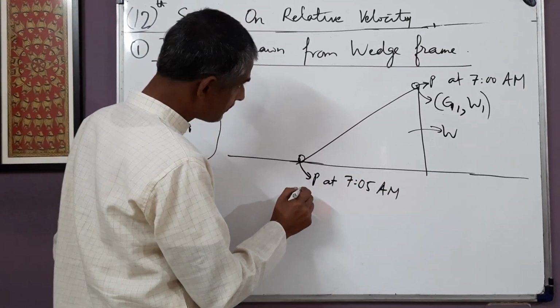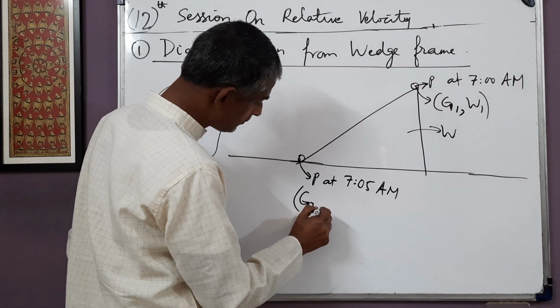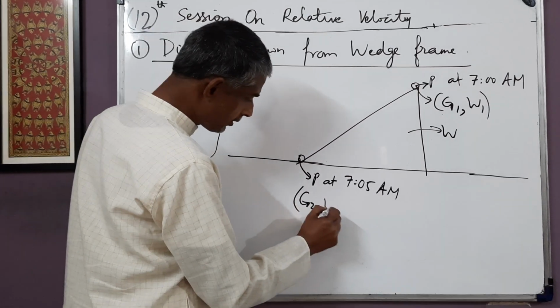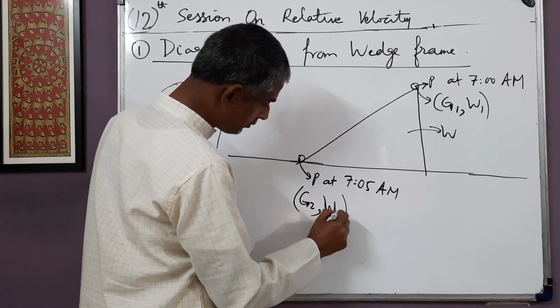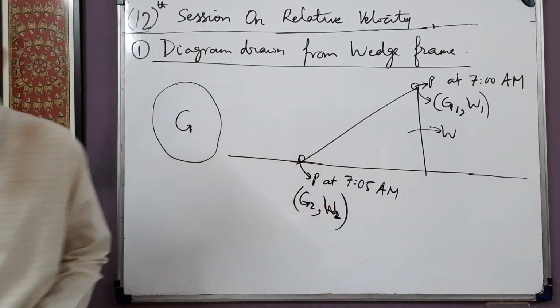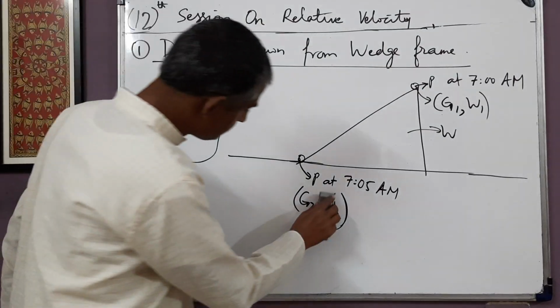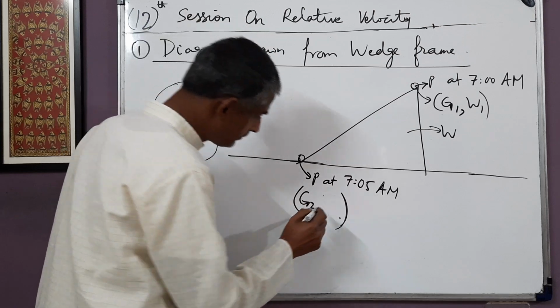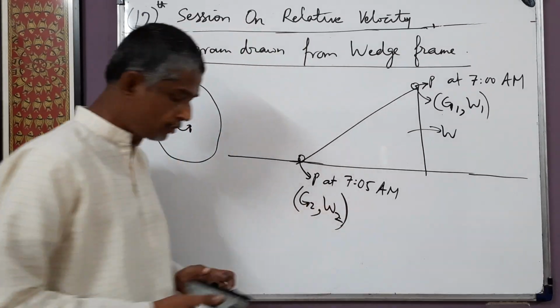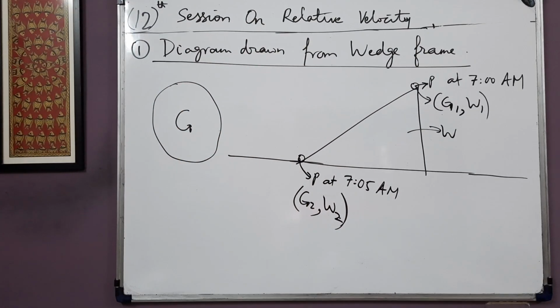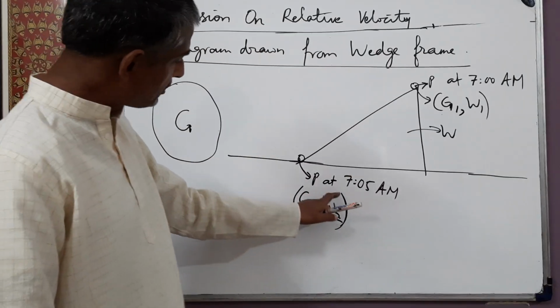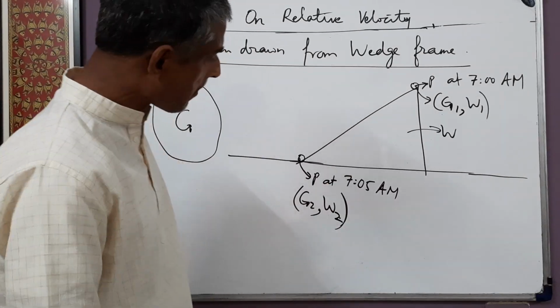It occupies location G2 of the ground frame and location W2 of the wedge frame.